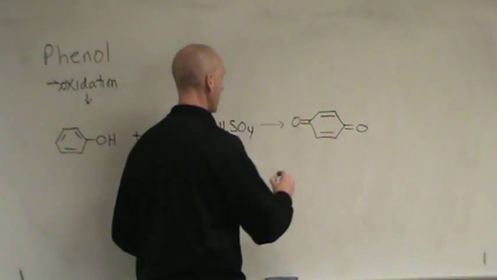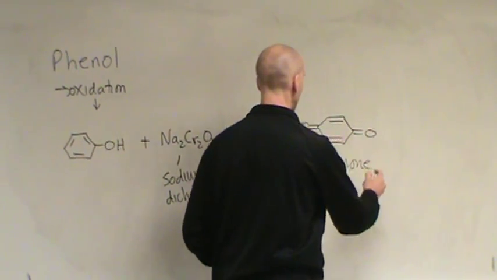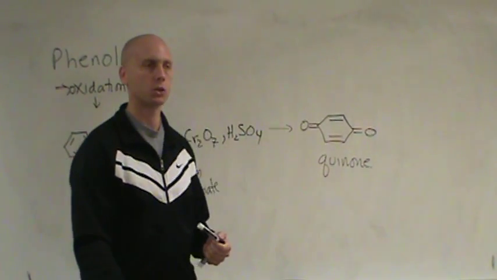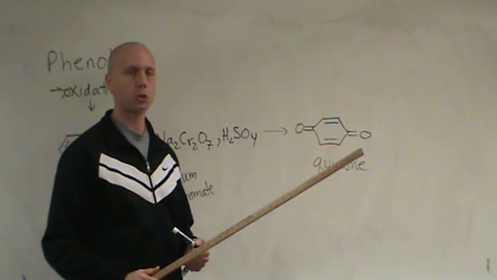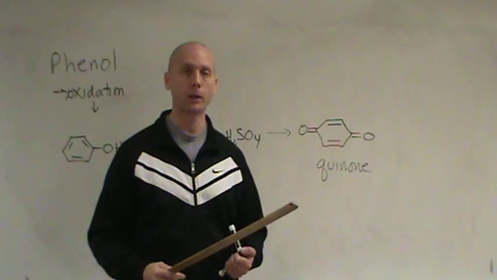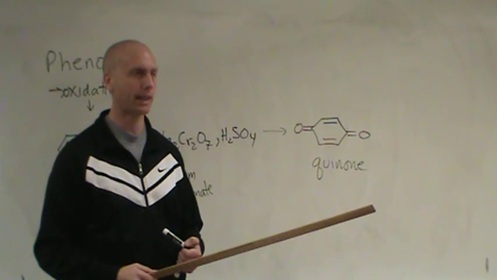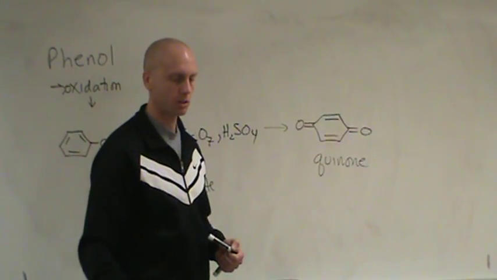And this compound here is called quinone. Quinone is a molecule that's used in natural products. It's even found in bugs that use it to ward off enemies and things like that. But this is how we make quinone.